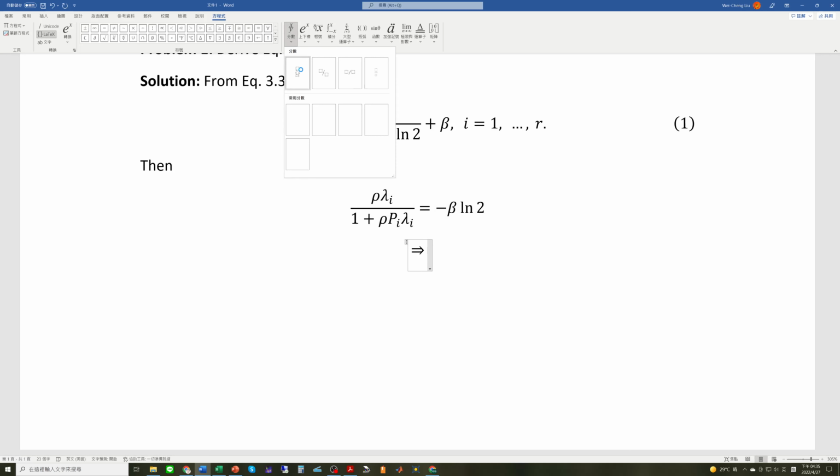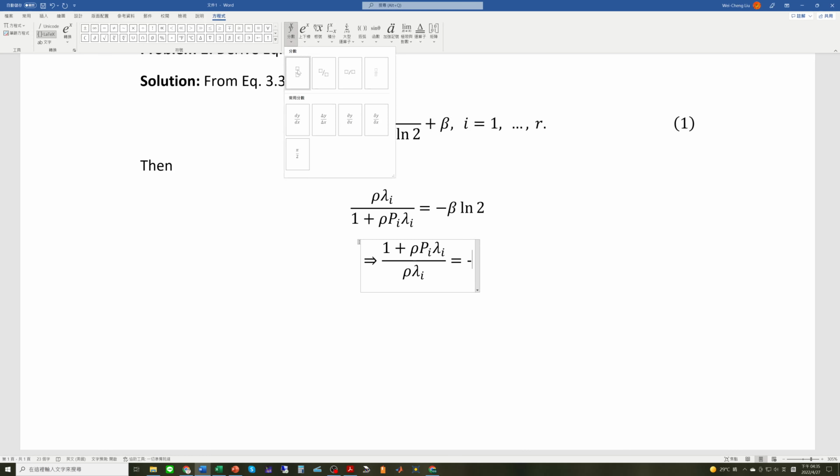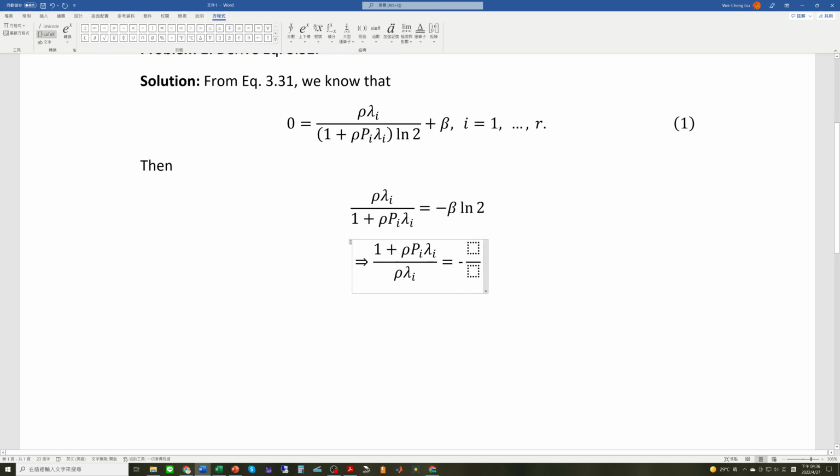Then rho lambda i will go to the denominator, and 1 plus rho Pi lambda i will go to the numerator, and it is equal to minus a fraction, where the numerator is 1 and the denominator is beta times natural log 2.